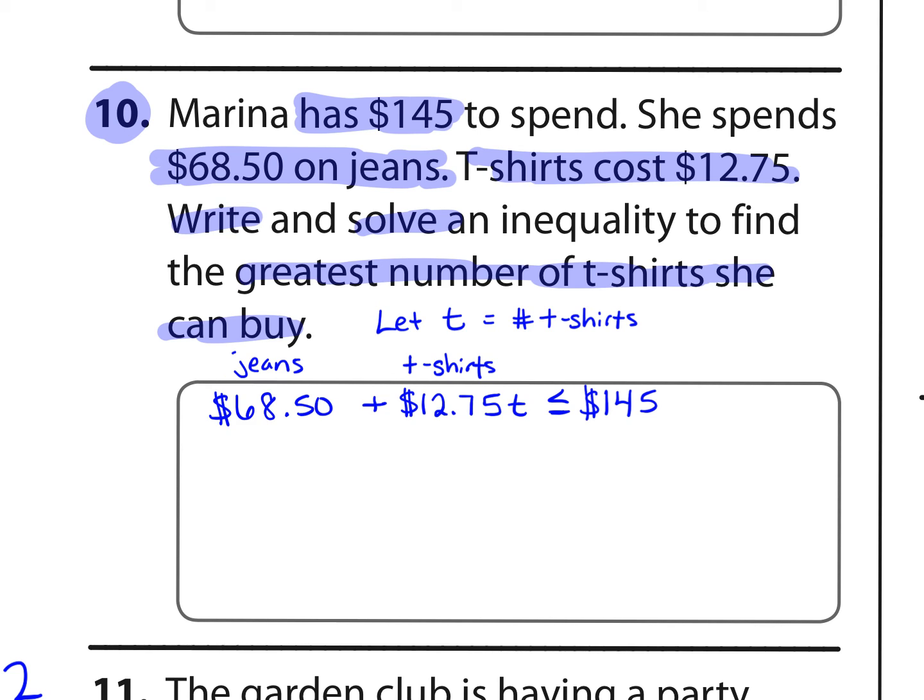Now we're just going to go through and solve this inequality. I'm going to start by getting the t-shirts by themselves. So I'm going to subtract the cost of the jeans, $68.50, from both sides of this inequality.